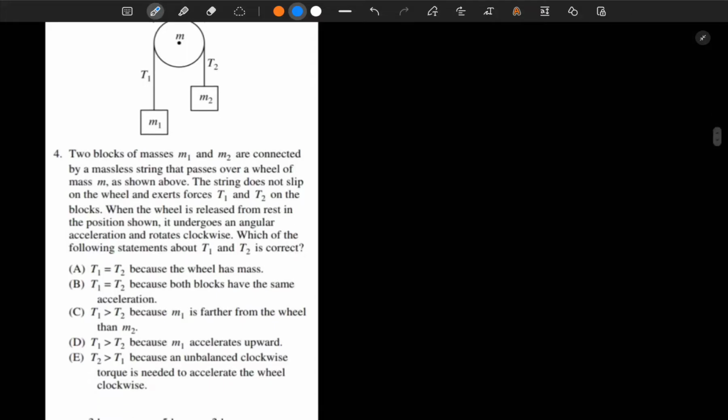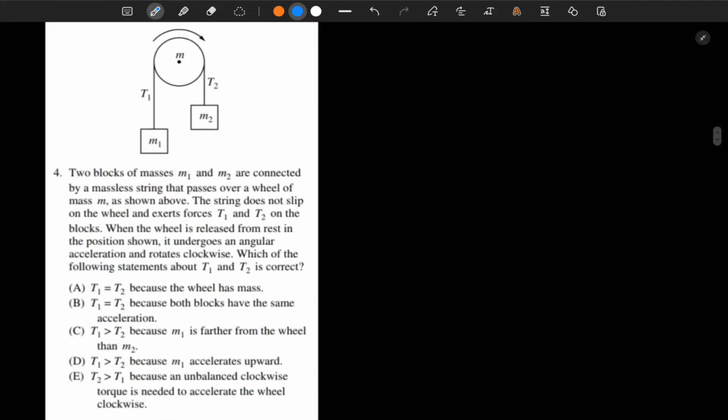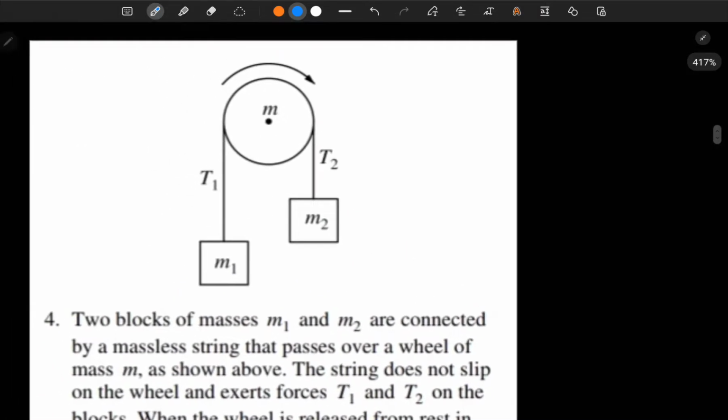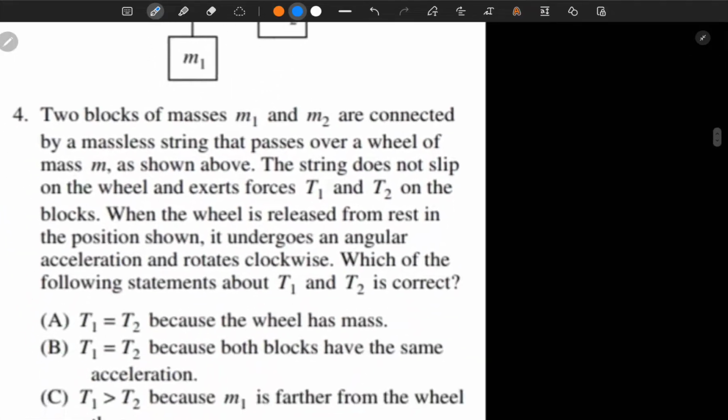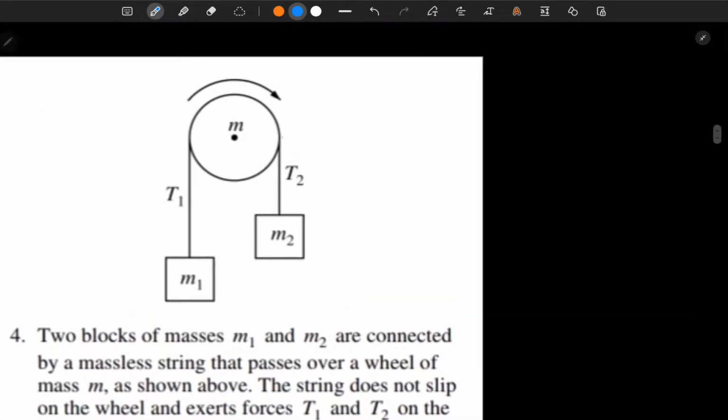Well, we know that there has to be some net torque in the clockwise direction. And further, the tension acts on the wheel both here and here, where this is T2 and the one on the left is T1.